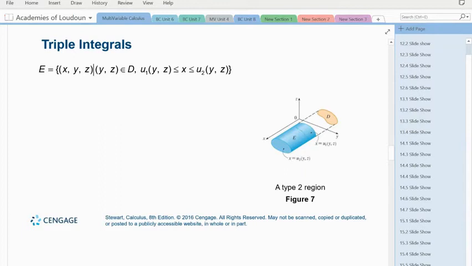A solid region is of type 2 if it's of the form as shown, where this time D is the projection of E onto the yz plane. The back surface is x equals u sub 1 of y,z, and the front surface is x equals u sub 2 of y,z.